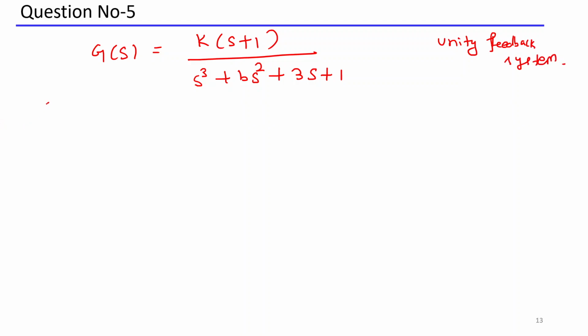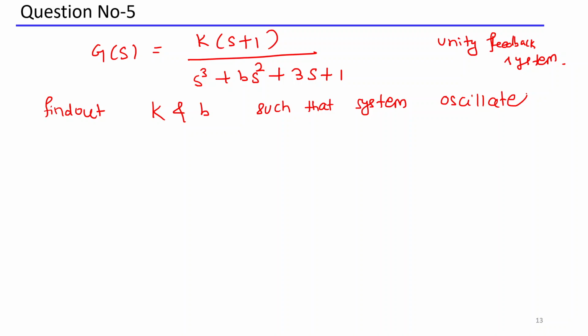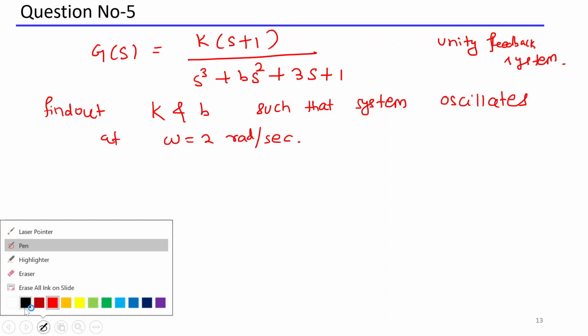He's asking us to find out k and b such that the system oscillates at omega equal to 2 radian per second. Find out these two values.